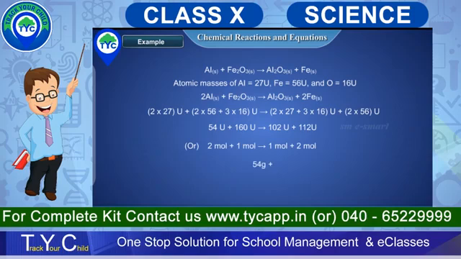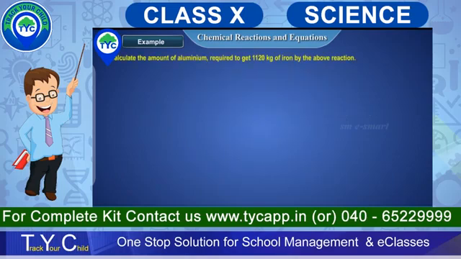54 grams plus 160 grams gives rise to 102 grams plus 112 grams. Calculate the amount of aluminium required to get 1120 kg of iron by the above reaction. Solution: the balanced equation: aluminium 54 grams gives rise to iron 112 grams.